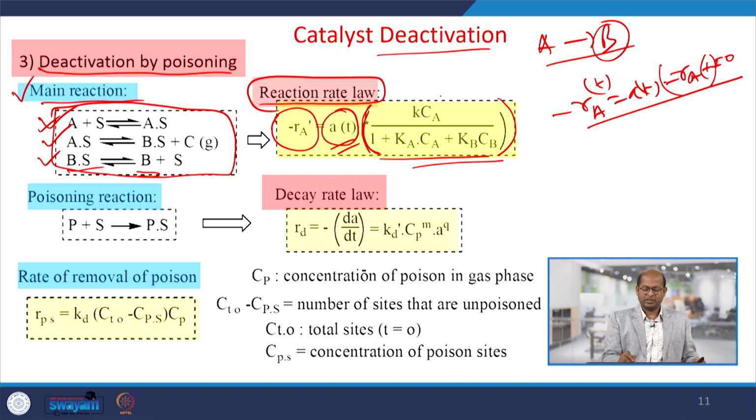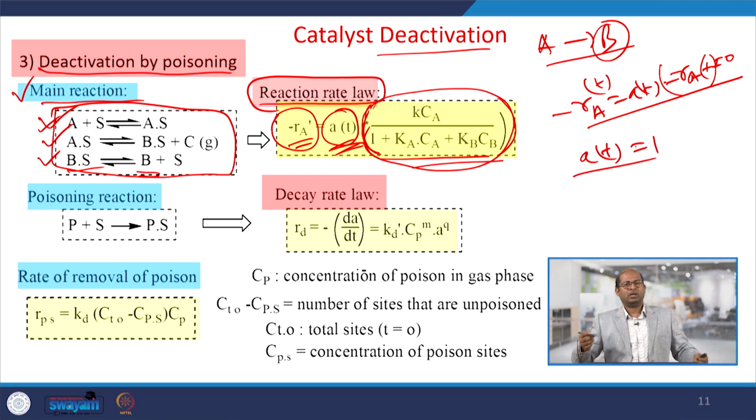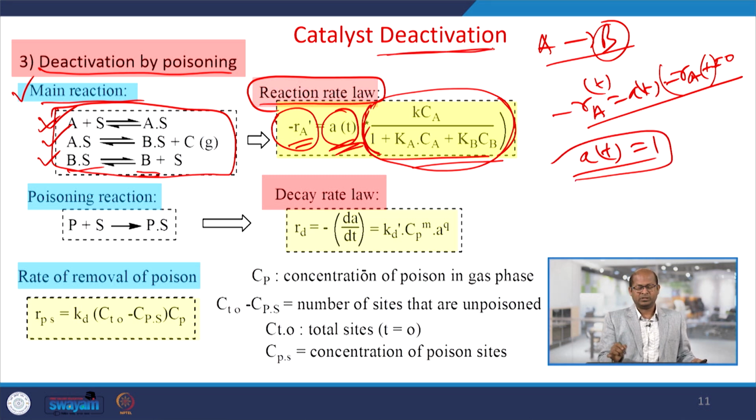Here, in the rate equation for this particular reaction, we are substituting the activity term. If a equals 1, then the initial and final rates would be the same, there is no change. But here we are discussing deactivation, meaning the catalytic activity may decrease with the progress of the reactions.